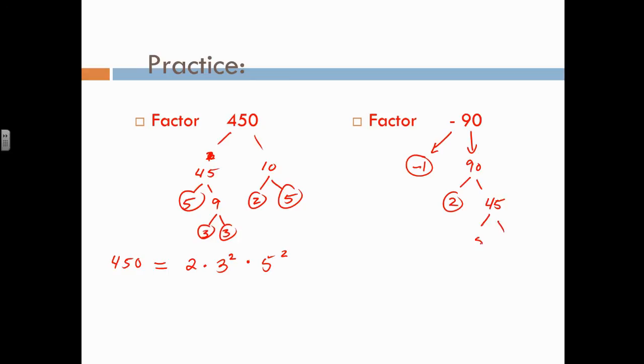And 5 times 9 is 45. Oh, sorry, 9 is not prime. So I'm going to keep going and make it 3 times 3. And then -90, when I break down its prime factorization, is going to be -1 times 2 times 3 squared times 5. Boom, prime factoring.